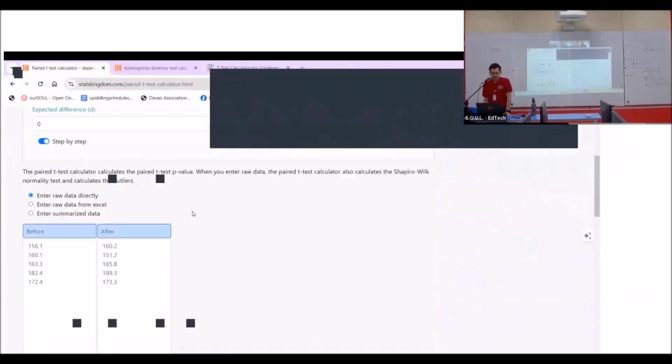All we have to do is select the class C post-test score, and then paste it into your "before".